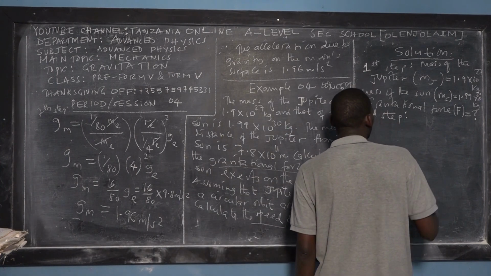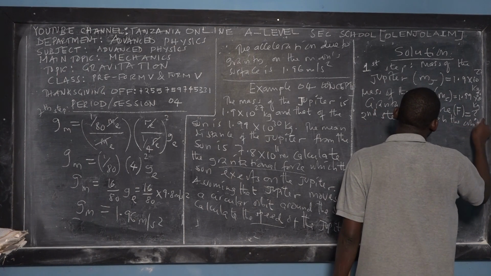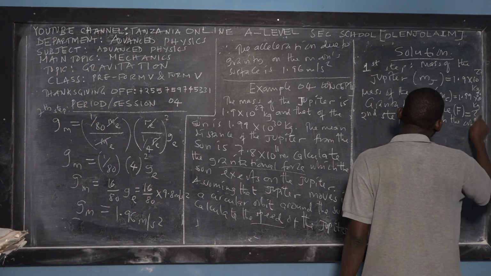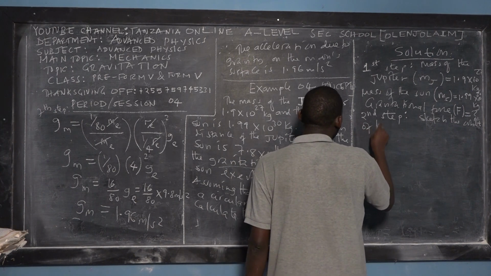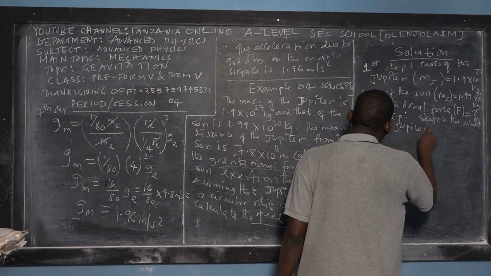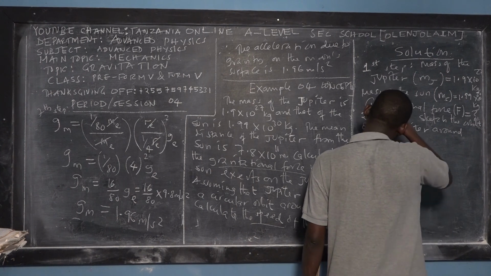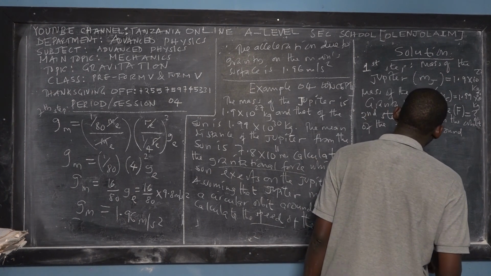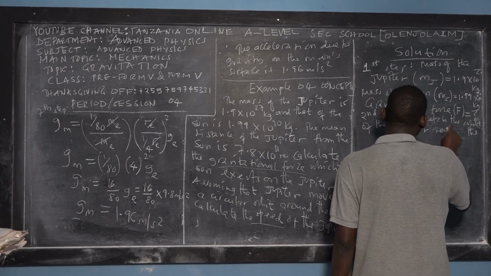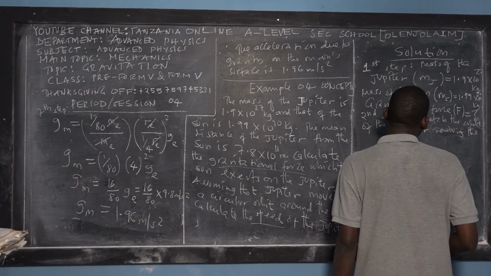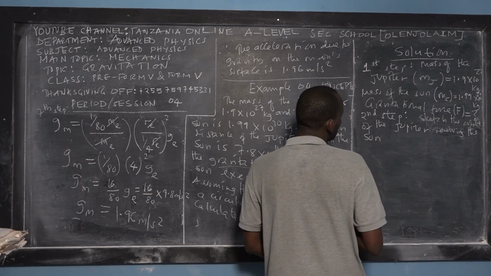Draw out a sketch. Sketch the orbit of Jupiter revolving around the Sun at a distance.